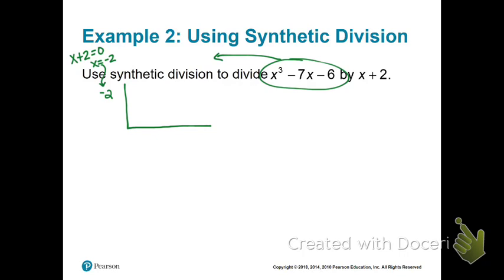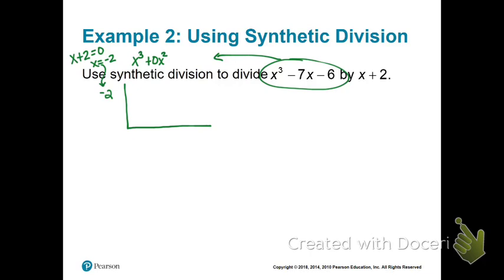What is my largest exponent? I have an x cubed, and then do I have an x squared? No, but I'm going to have to put a 0 x squared there. I need a placeholder. And guys, we didn't encounter this in example 1, but you do the same thing with long division if something's missing, because you need it as a placeholder.